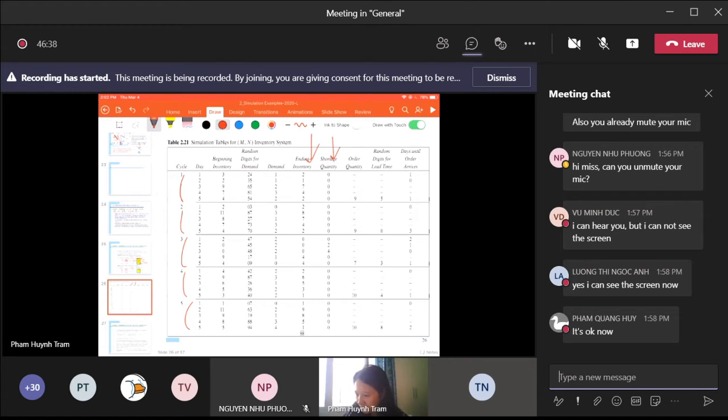All right. So we need to know the demand by generating a random digit for demand, and then we know the demand. So day one, we start with day one. Let's say our beginning inventory is 3 units. Okay, and our demand on day one is random.